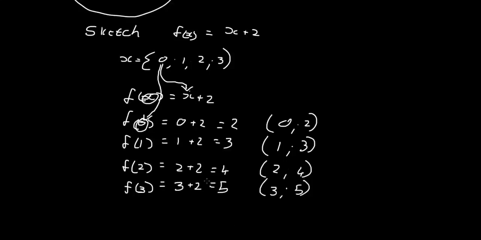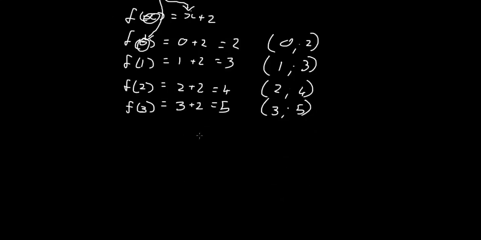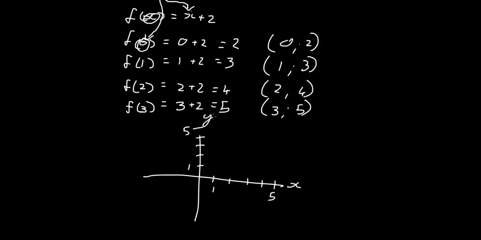So now we can sketch that function on a Cartesian plane. So let's do 1, 2, 3, 4, 5 on the x-axis and 1, 2, 3, 4, 5 on the y-axis. That is our x and that is our y. So let's sketch our ordered pairs there.